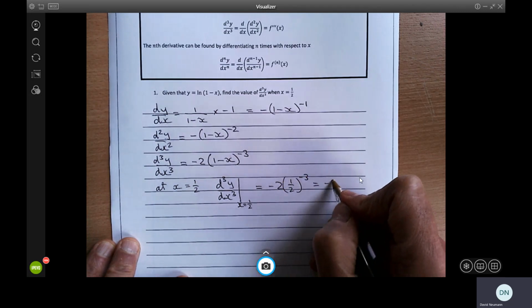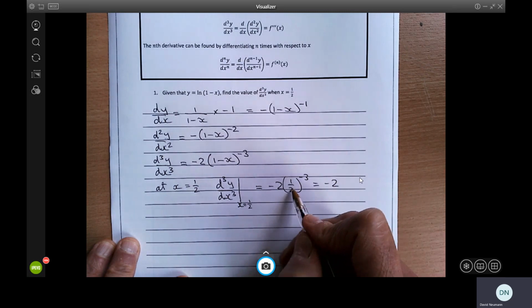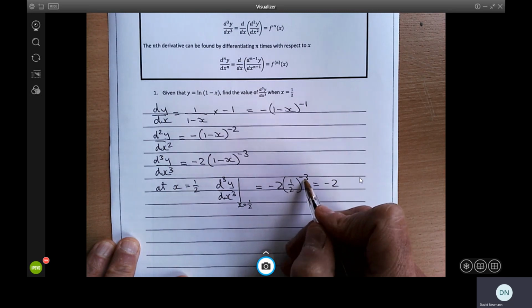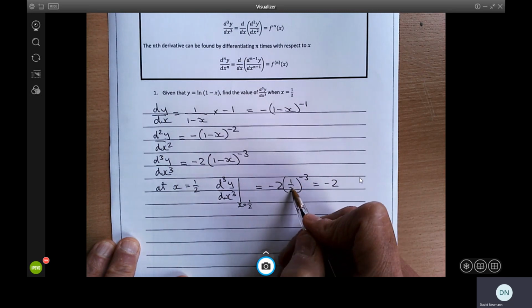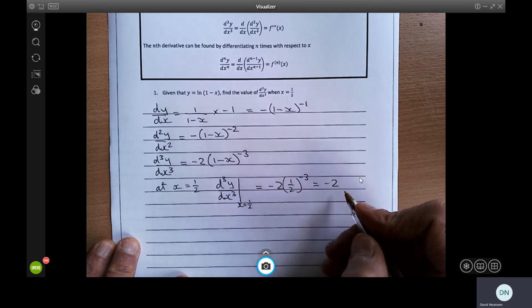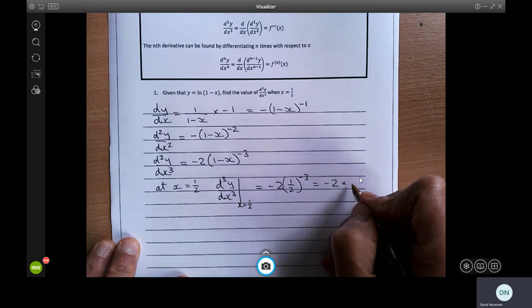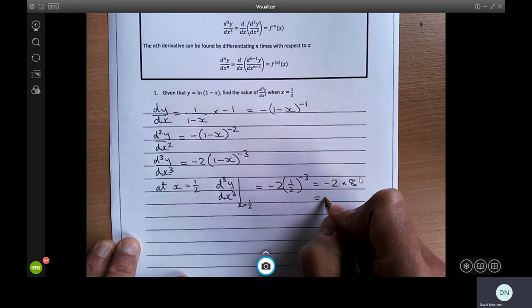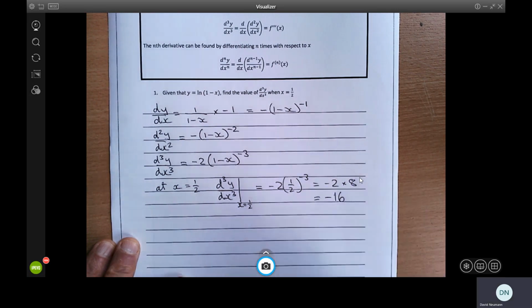Which is minus 2 times a half to the power of 3, which would be 1 over 8, to the power of minus 1, which is 8. So it's times 8, which is negative 16.